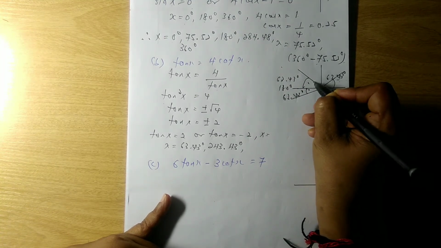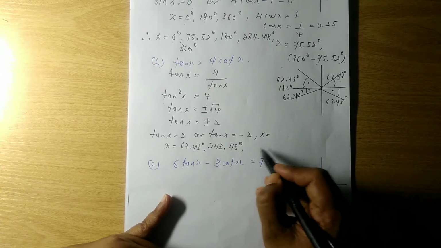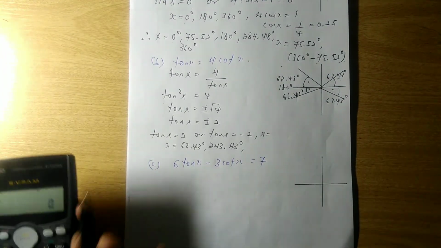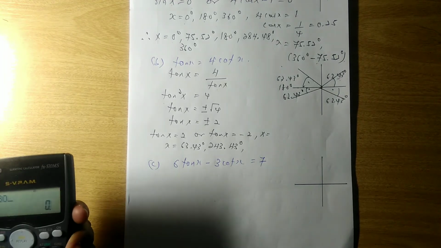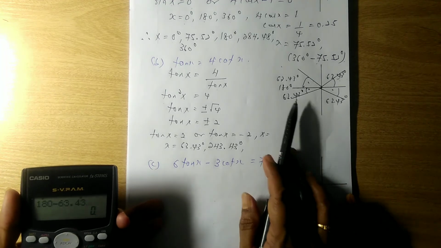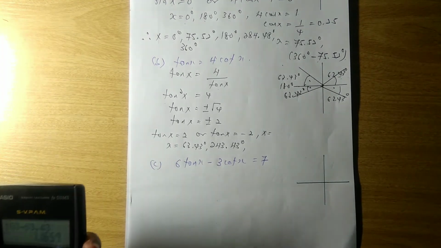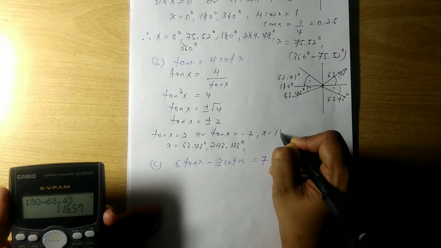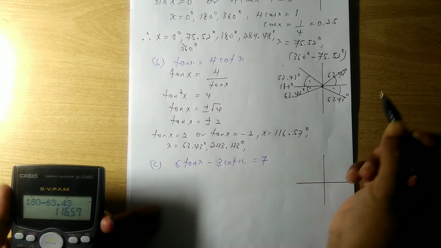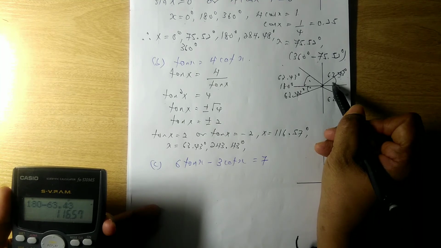So you can get it as 180 minus this angle. So 180 minus 63.43, you'll actually get 116.57 degrees. That's one.